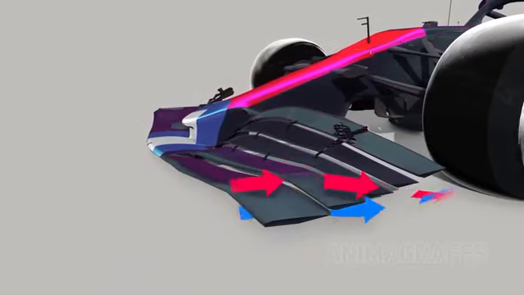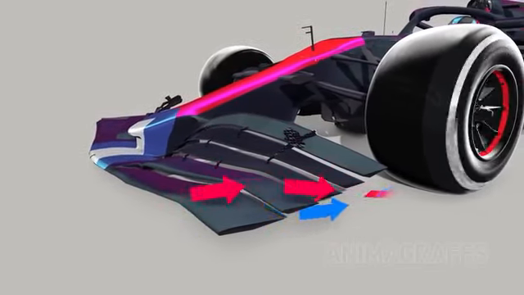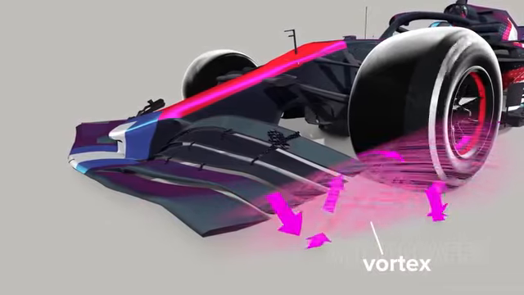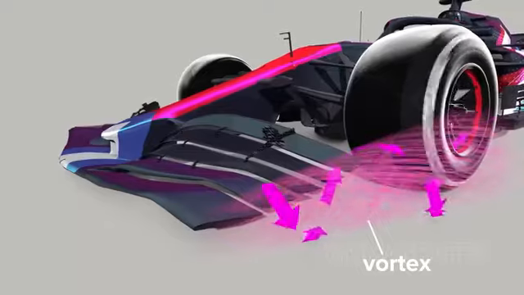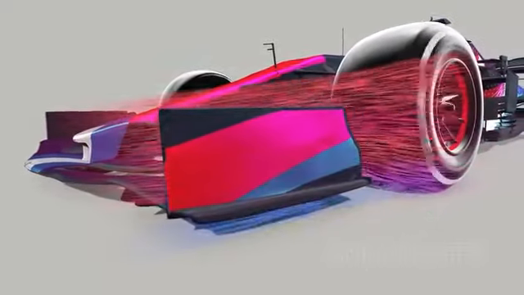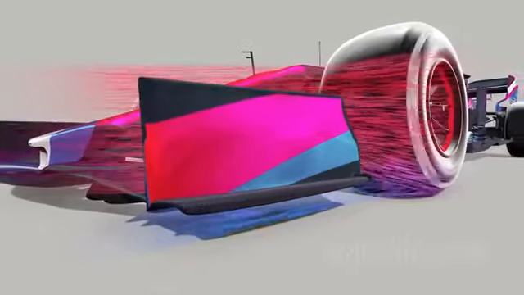Where the wing ends and these different pressure zones meet, the air crashes into itself, creating a spiraling vortex. Vortices cause drag, which tugs at the car, slowing it down. A cap on the wingtip interrupts vortex formation for a less intense effect.